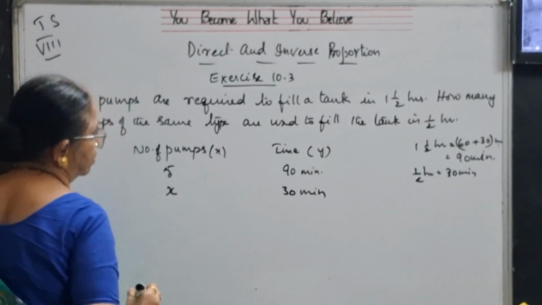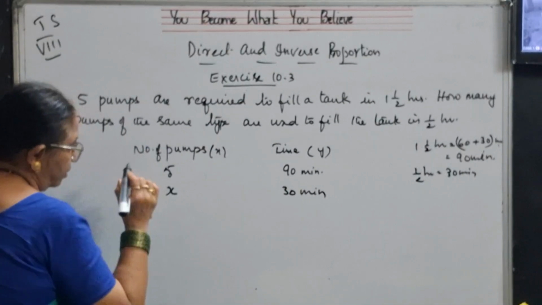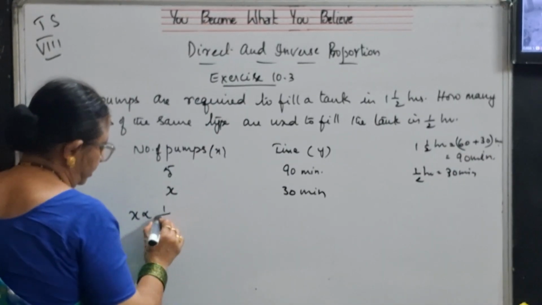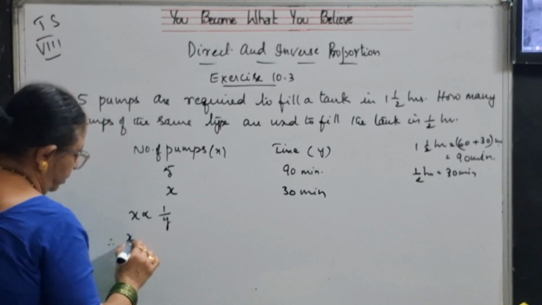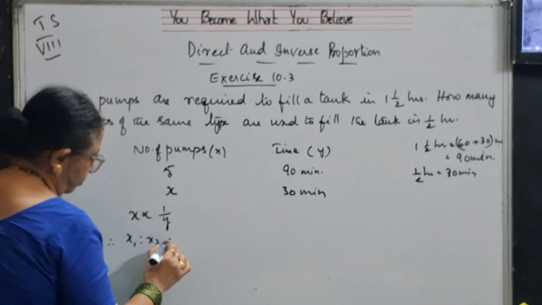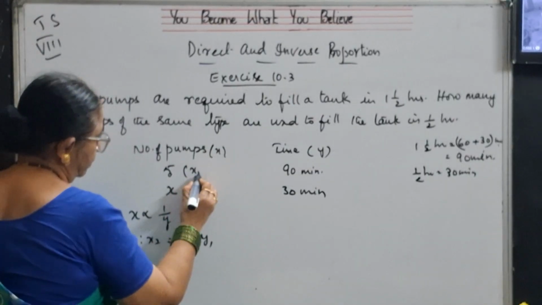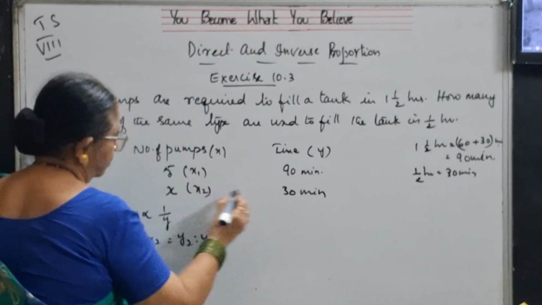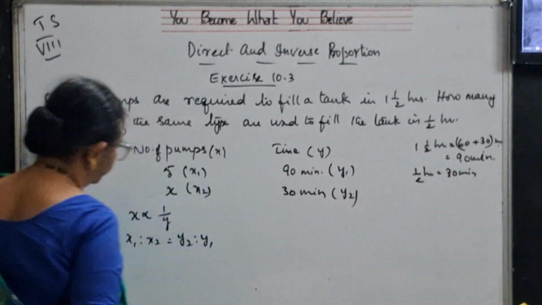We don't know X. So if the number of pumps increases, then definitely time will decrease. X is inversely proportional to Y. Therefore, x1 is to x2 is equal to y2 is to y1. This is x1, x2, y1, y2.